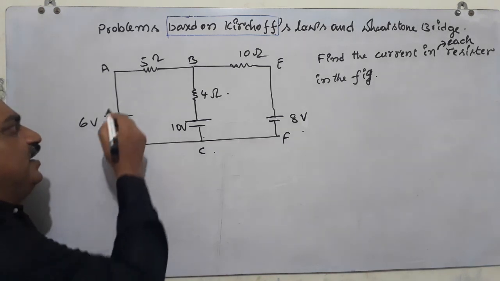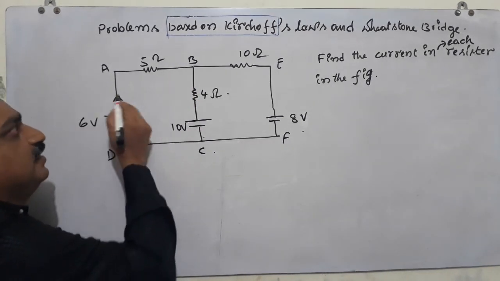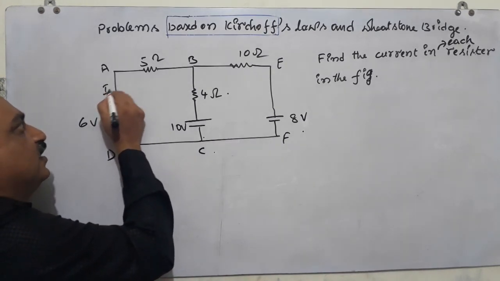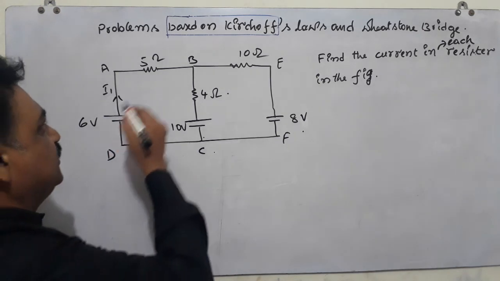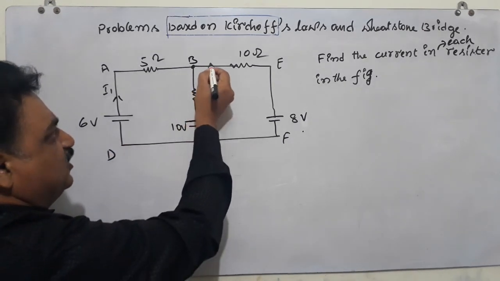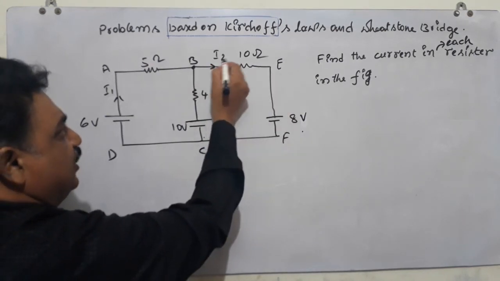See here, I am taking the current in this ABCD loop as I1. This I1 is coming towards B and it is branched to this branch as I2.